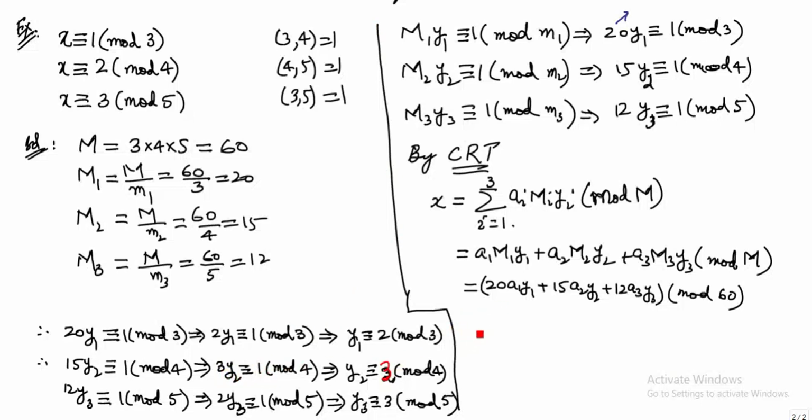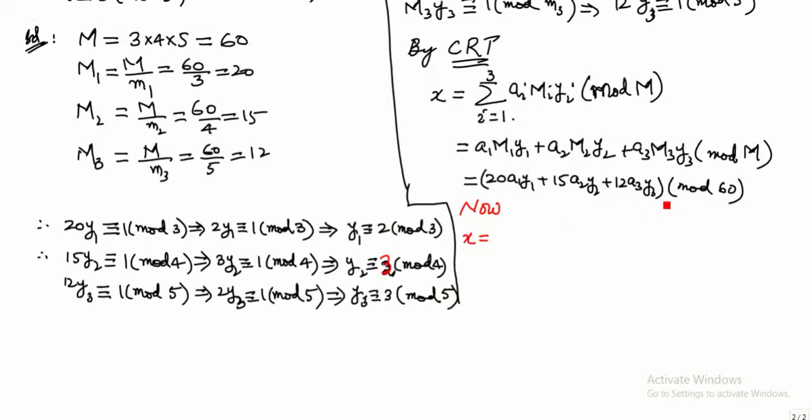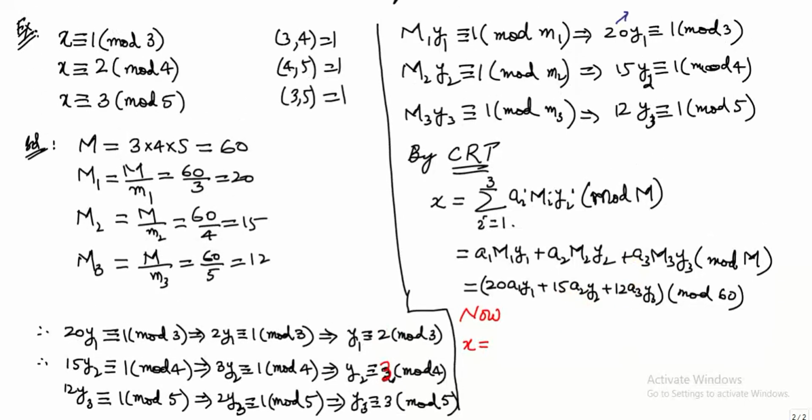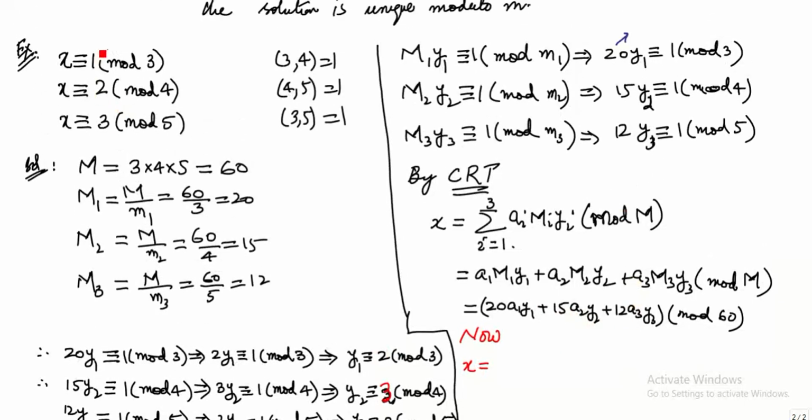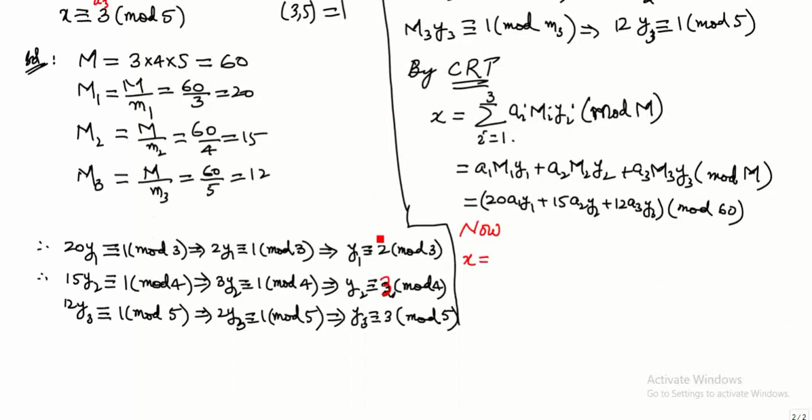Now we can find the value of x here. So a1, a2, a3, and y1, y2, y3. a1, a2, a3 are given here in the question, and now these are y1, y2, y3.